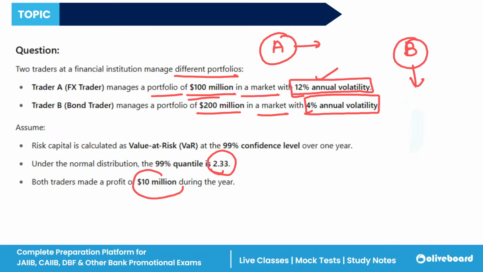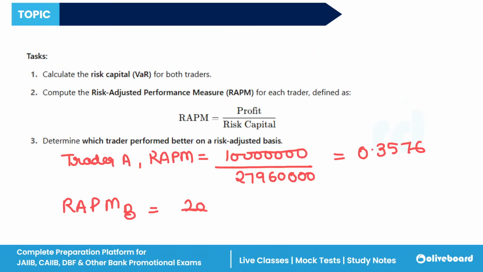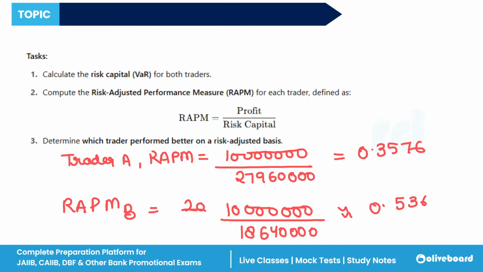Okay. We have to take the profit. So not this, it is 10 million. And what is the capital of B? We calculated in the previous question 18640,000, which is approximately equal to 0.5364. So for the third question, I can say even though both traders made the same profit, trader B uses less capital and achieved a higher risk adjusted return.